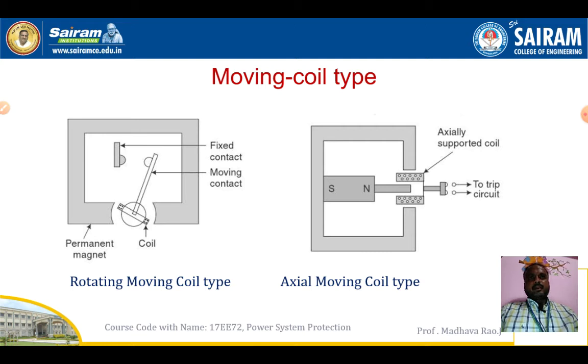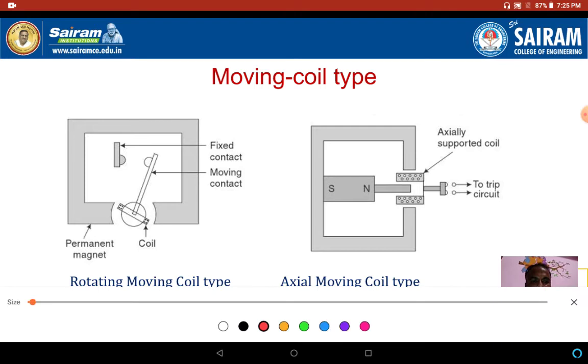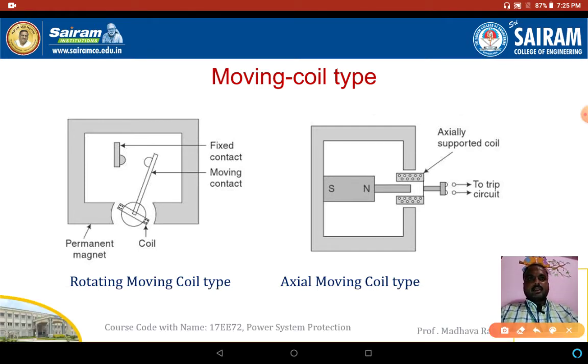Moving coil type relays are the most sensitive type of electromagnetic relays compared to other types of relays. The sensitivity of the relay is 0.1 megawatt.